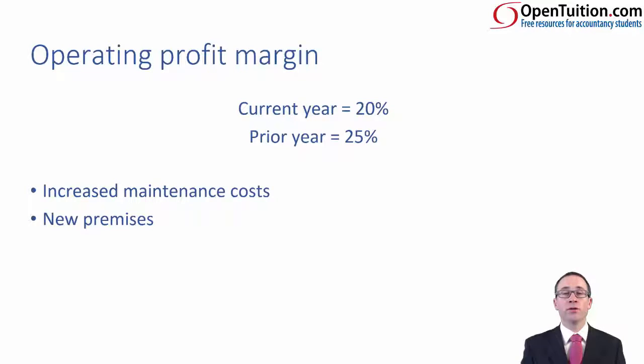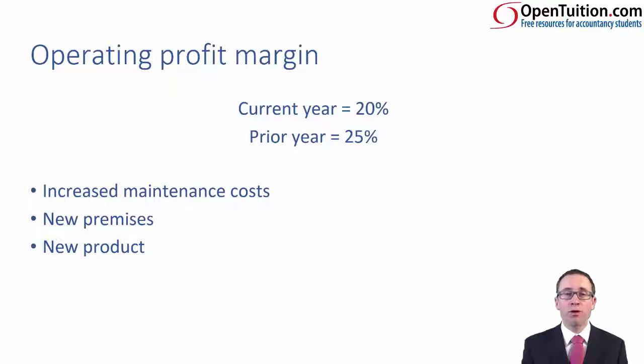Could be maybe you've moved to some newer premises. You've got a new head office. You've got a new factory, and therefore that has got extra increased rent. Could be that maybe you're not leasing it, but you own it. So therefore there is increased depreciation. Yeah, whether it's increased rent or increased depreciation, that is going to increase your costs and therefore reduce that operating margin.